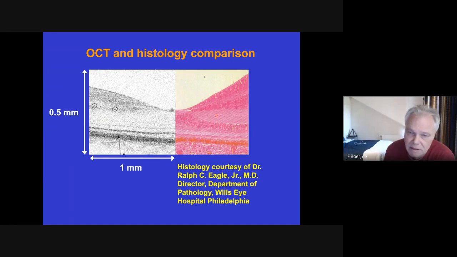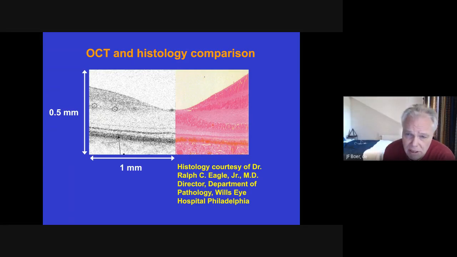So here you can see your different layers. RPE, this is the photoreceptors. This band here, with that little line in the middle where I have put my laser pointer, is the area between the inner and outer segments of the photoreceptors.